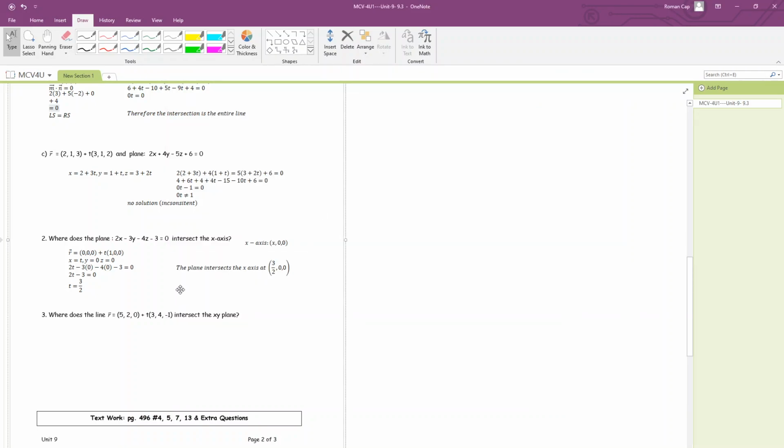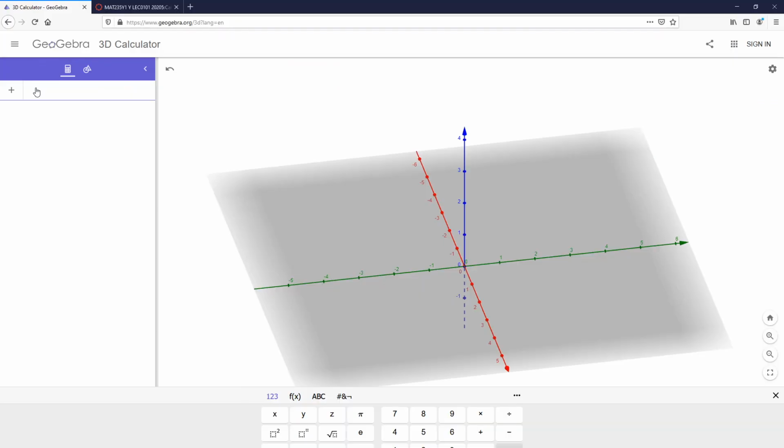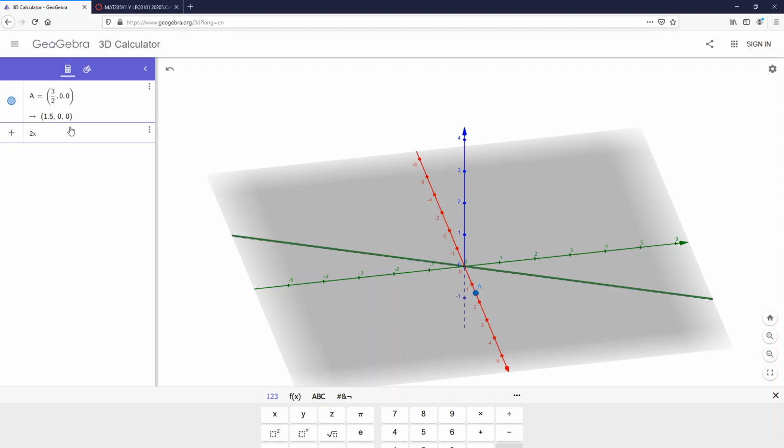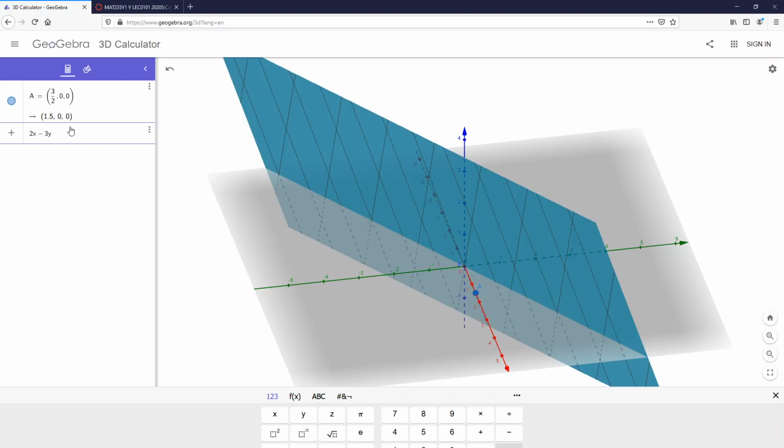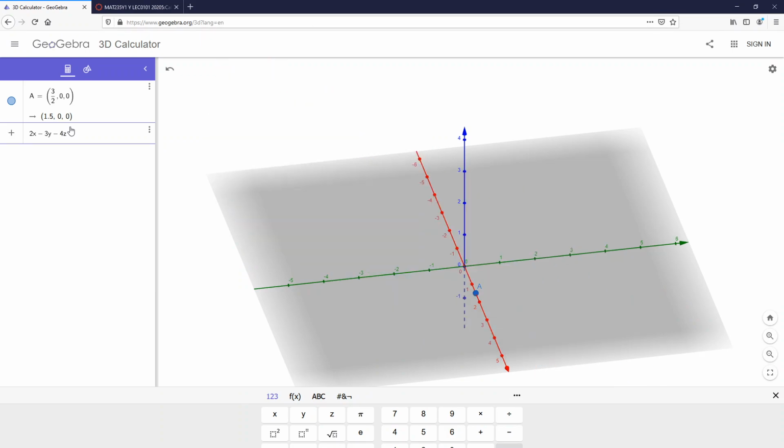Okay, so from here, let's actually graph this to see that this does intersect at 3 over 2, 0, 0. So here we have the point 3 over 2, 0, 0, and then the plane, which is 2x minus 3y minus 4z minus 3 is equal to 0.